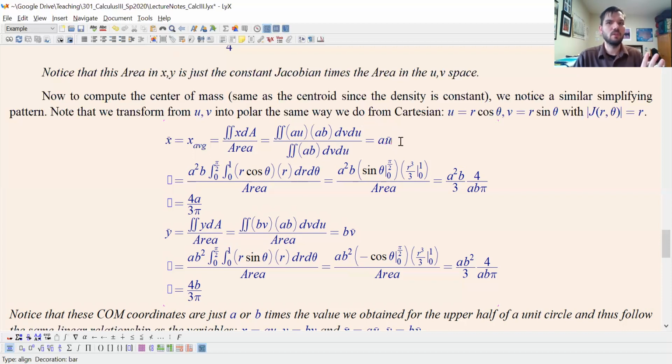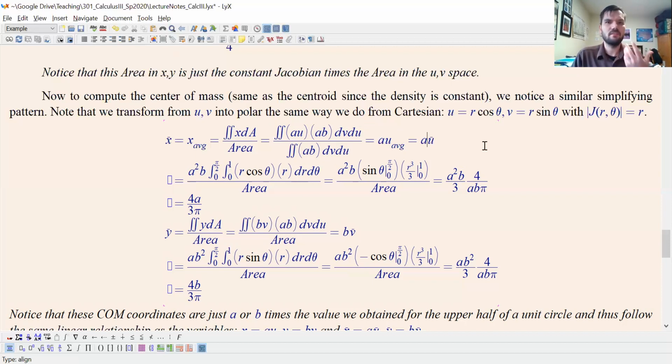Whoa. So if we know what the center of mass, or the centroid in this case, is, I'll write that as a u average, which equals a u bar.